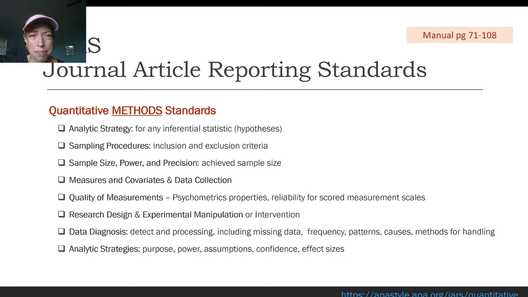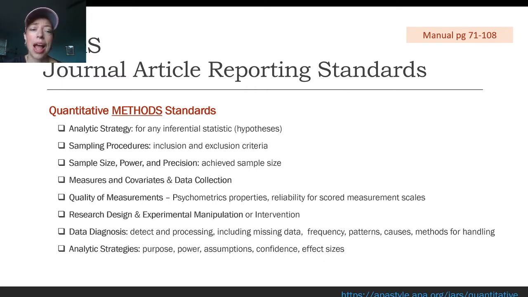So if we're going to focus on the method section itself, whether that's a chapter in a dissertation or a part of a manuscript, it can have many subparts or subsections. Sometimes we change the order of these, but this is the main generic order within the method section. We need an analytic strategy. So this is like stating your research questions or your hypotheses.